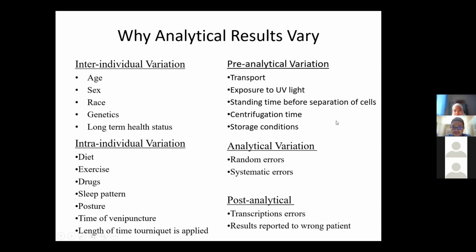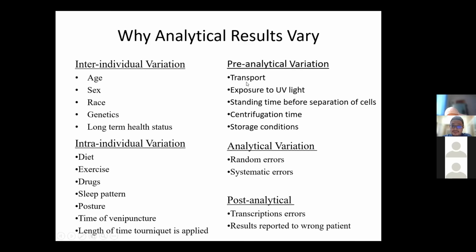Tadi ada yang sebut pasal collection time, during collection ada contamination. So with the length of the tourniquet, that one can introduce contamination. I mean there could be some exudates from the tissues entering the sample. So some kind of lipids can also be introduced to the sample during the time of collection.